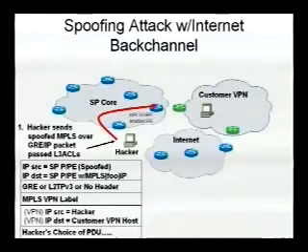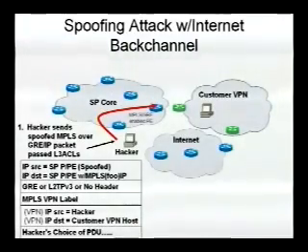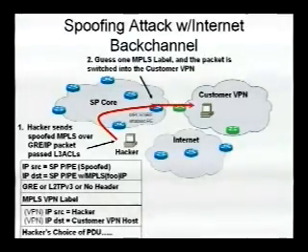So the hacker sends the packet, MPLS over IP, past layer 3 ACLs in the core. We assume he has the ability to insert packets into your core network. If he can insert packets into your core network and hit that PE, and he can guess one MPLS label, the packet is switched into the customer VPN.